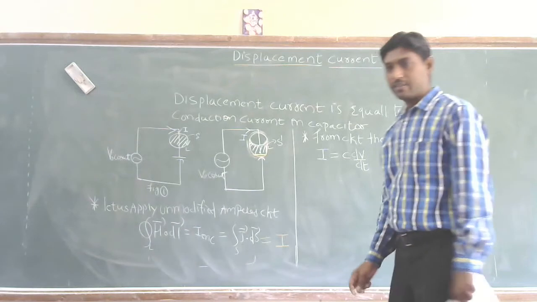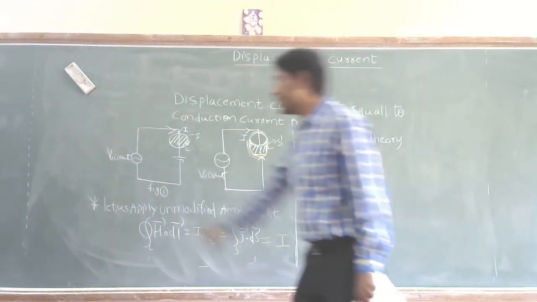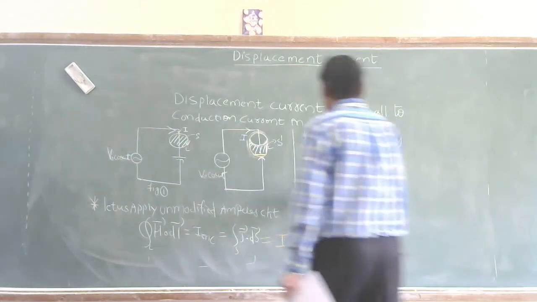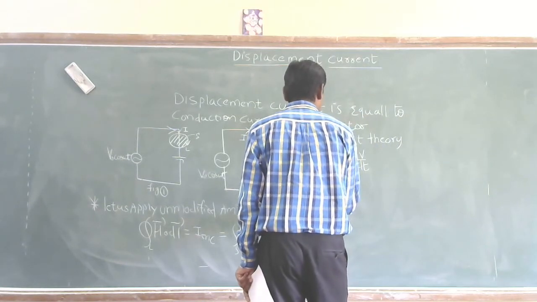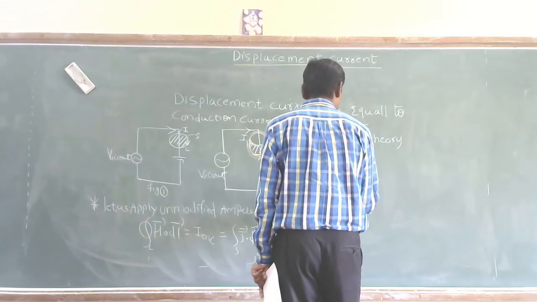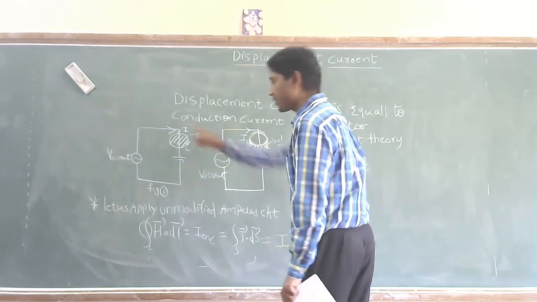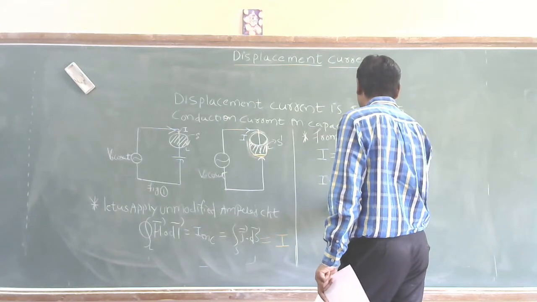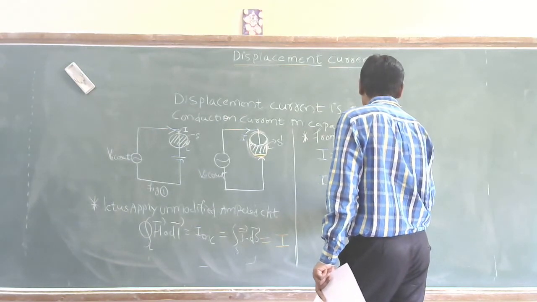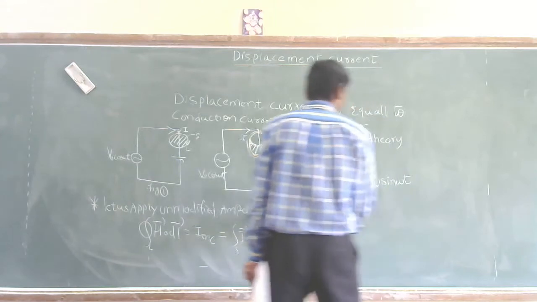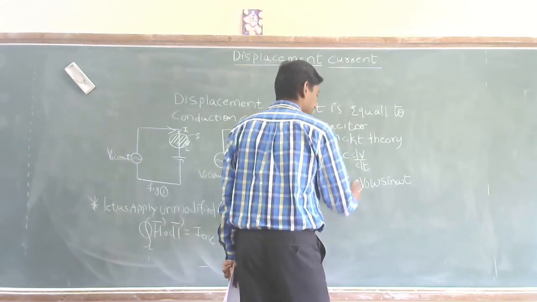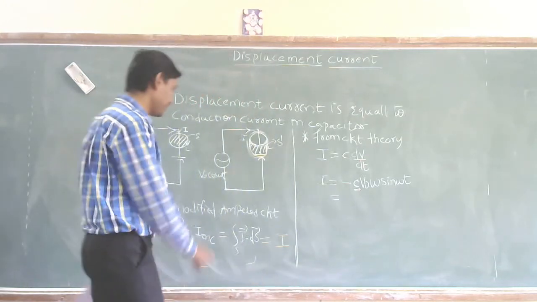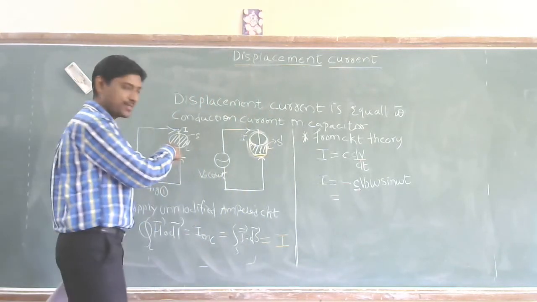The potential difference across the capacitor is V naught cos omega t. So I can write this I is equal to C times the differentiation of V naught cos omega t, which is minus C V naught omega sin omega t. Here C is the capacitance; I have taken a parallel plate capacitor.